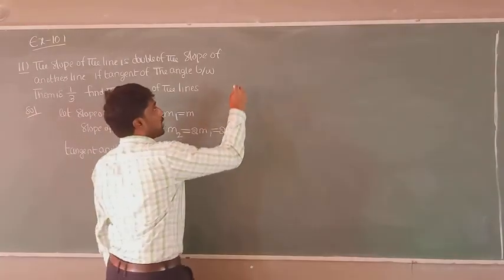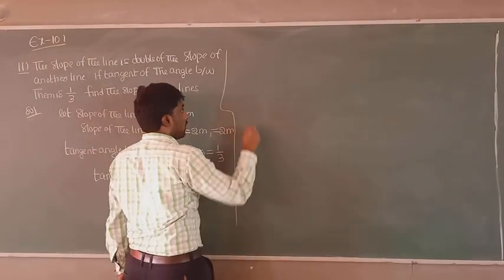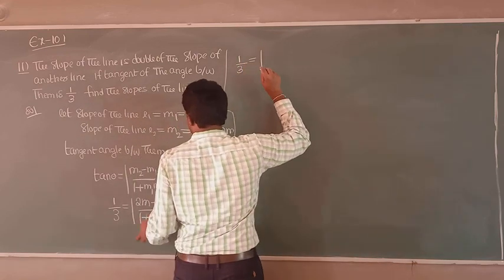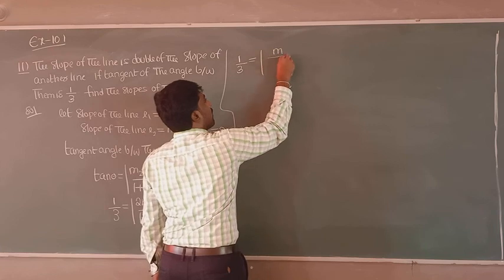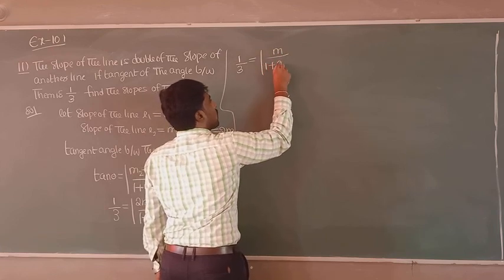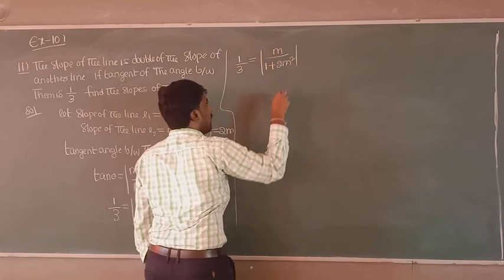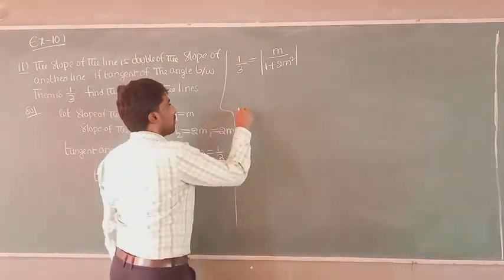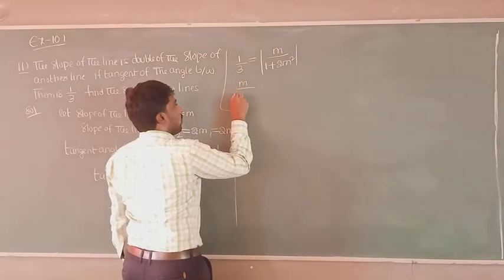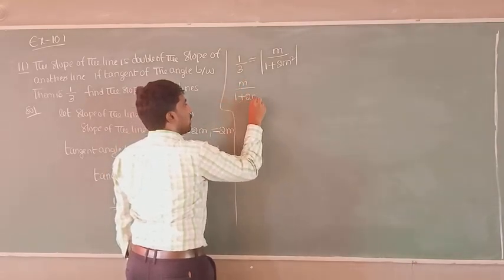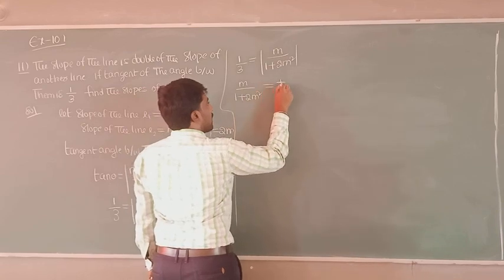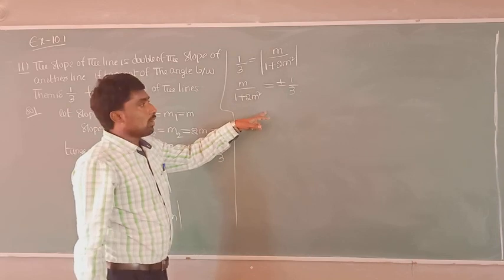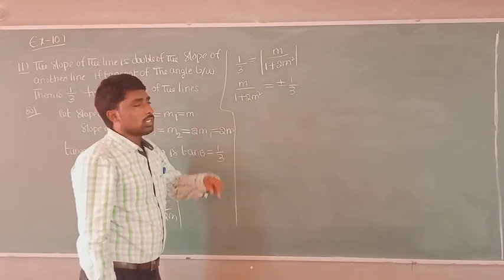Now if I simplify this, 1/3 equals modulus of (2m minus m) by (1 plus m into 2m), which is m by 1 plus 2m square. Here modulus is there. If I remove the modulus, you will get plus or minus 1/3. Guys, you have to take plus 1/3 one time and minus 1/3 one time.